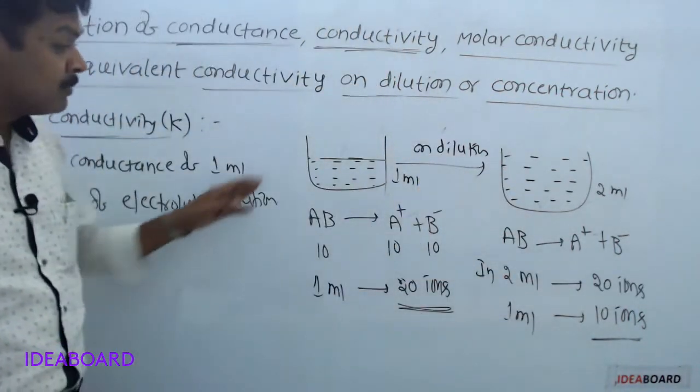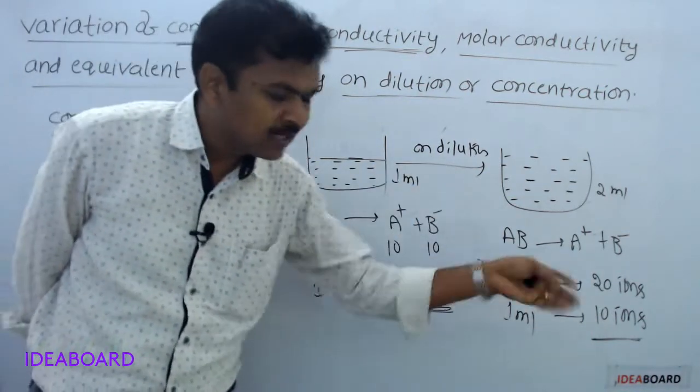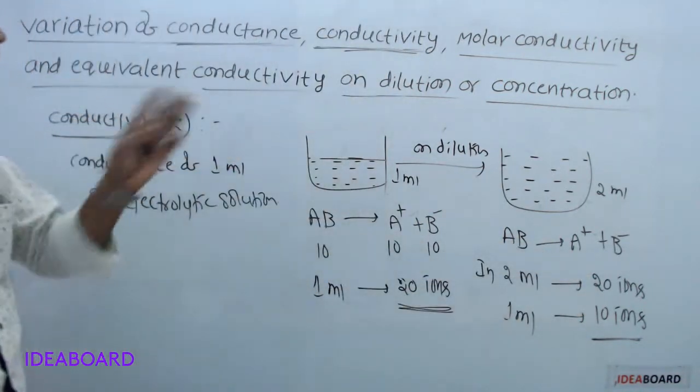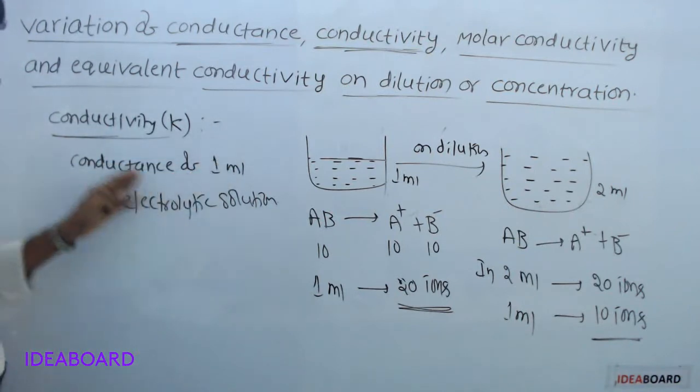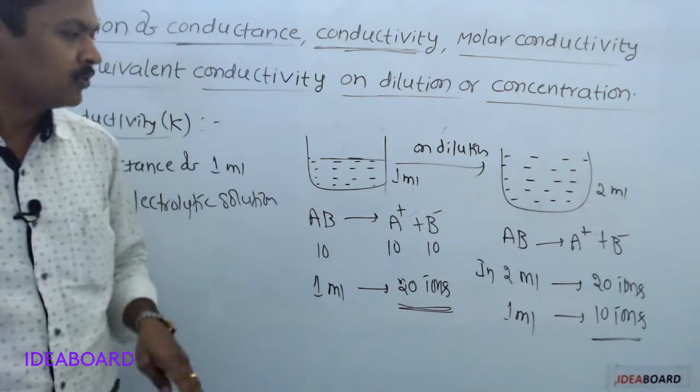That means the number of ions per unit volume decreases. Conductivity is nothing but the conductance of 1 milliliter of electrolytic solution.